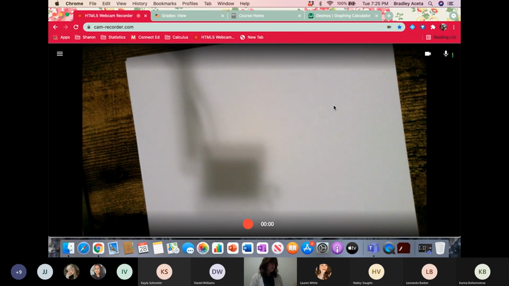I literally just had the sheet, and now I don't know what I did with it. Oh, let me see. Hopefully my dog didn't eat it. Ah, I found it. Okay.